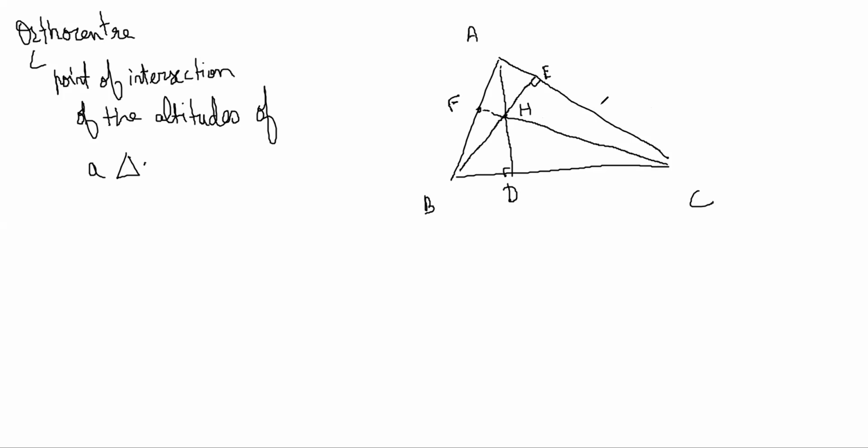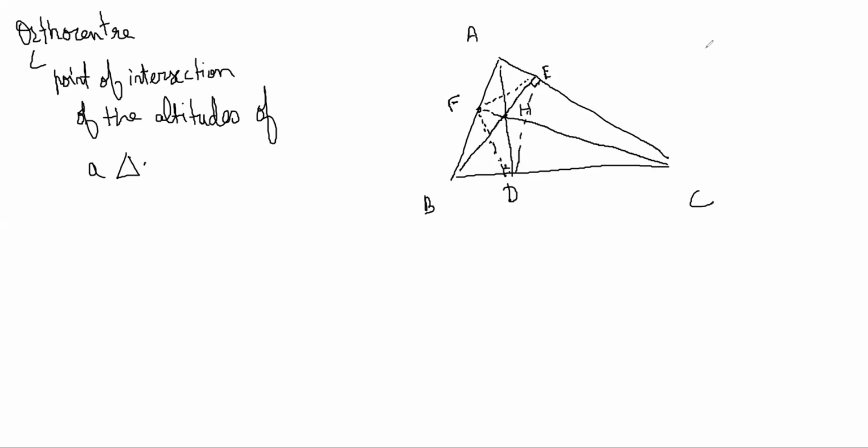So all the points are labeled in this figure. What I want you to do is join these with dotted lines: FD, FE, and DE.